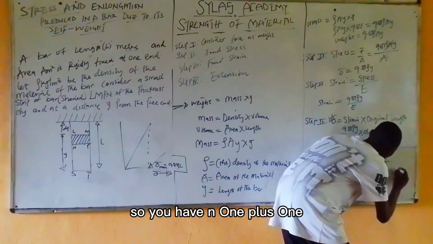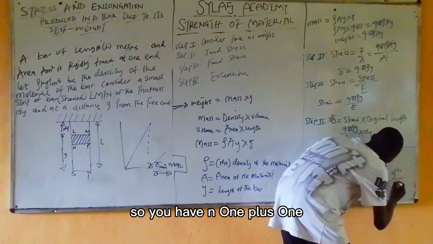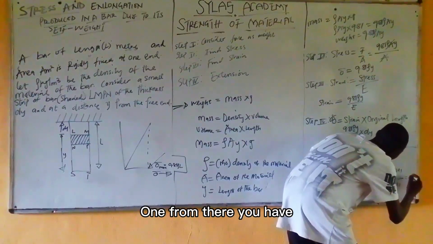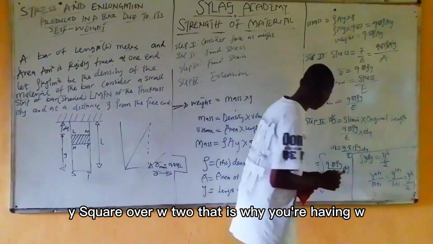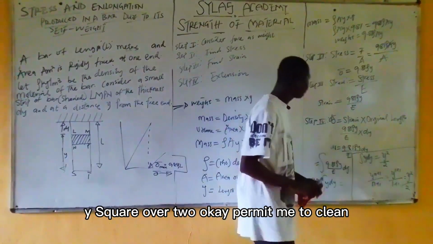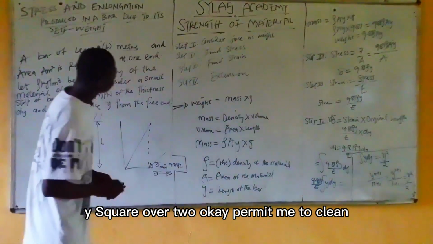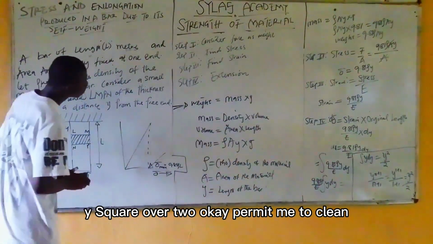So you have 1 plus 1 all over 1 plus 1. From there you have y square over 2. Permit me to clean this side.